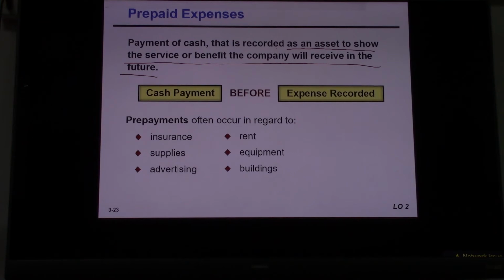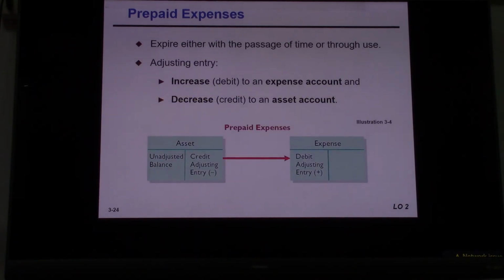Examples of common prepayments are insurance, supplies, advertising, rent, equipment, buildings. For all adjustments involving prepaid expenses, we should debit an expense account, and at the same time we should credit an asset account.